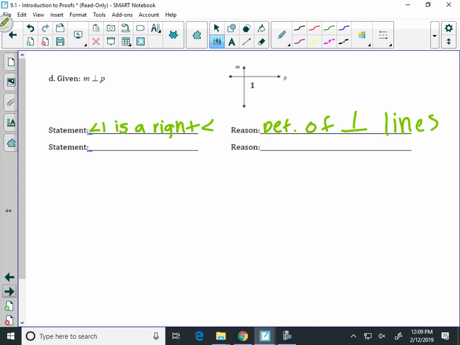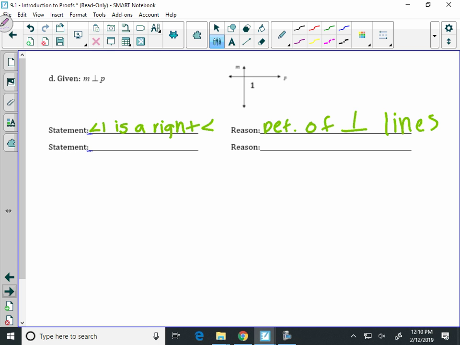Well, we can make another statement. If we know angle 1 is a right angle, what do we know about angle 1? What's it equal to? M is a line, not an angle. If we know angle 1 is a right angle, what do we know about the measure of angle 1? It's 90 degrees.